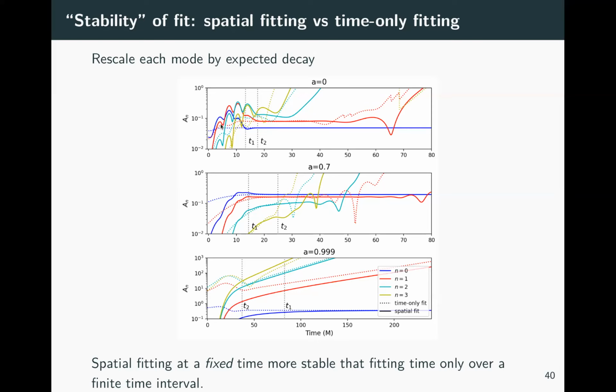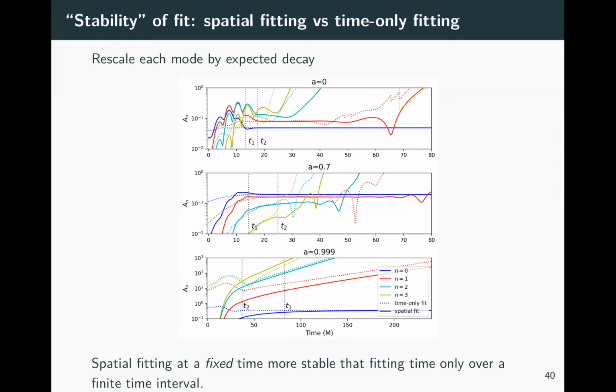We see the amplitudes are varying. But then we get into this intermediate period, and we see our fit. Here dot means time-only fit. Solid lines are the spatial-only fit. They're the exact opposite of each other. Time-only fit, we're only fitting with time information at a fixed radius at future null infinity.